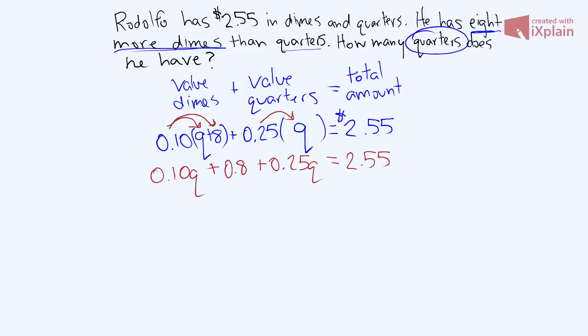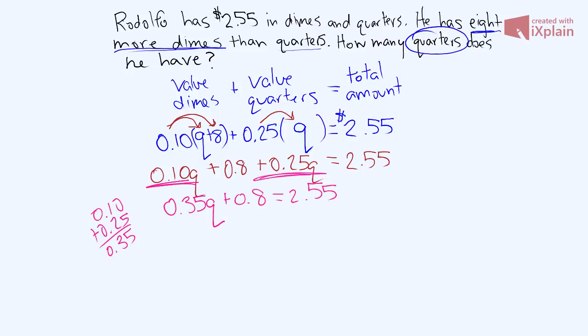So now we need to combine our like terms. We have 10 hundredths q and 25 hundredths q. When we add 10 hundredths and 25 hundredths, we get 35 hundredths. So we have 35 hundredths q plus 8 tenths equals 2 and 55 hundredths.